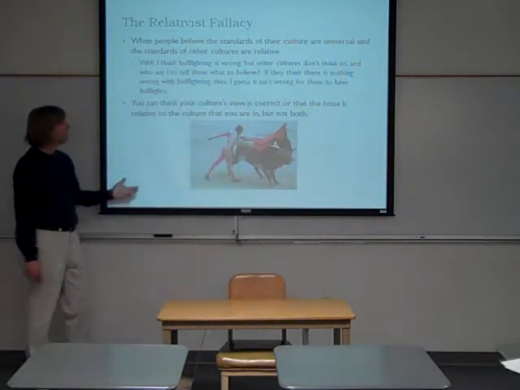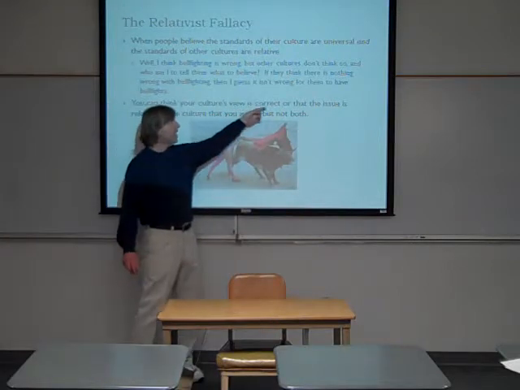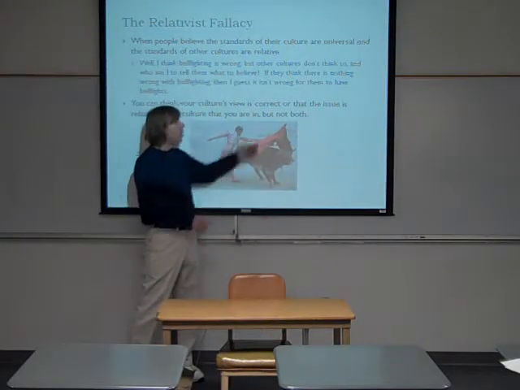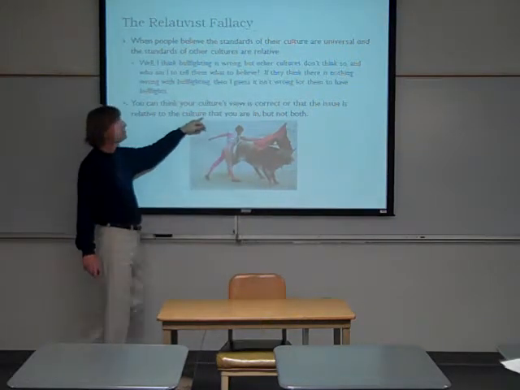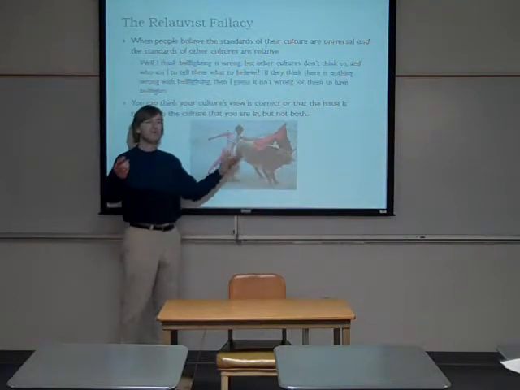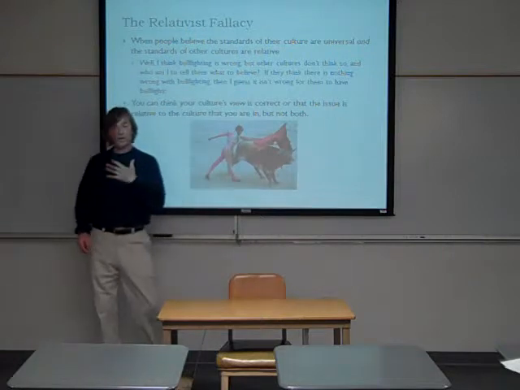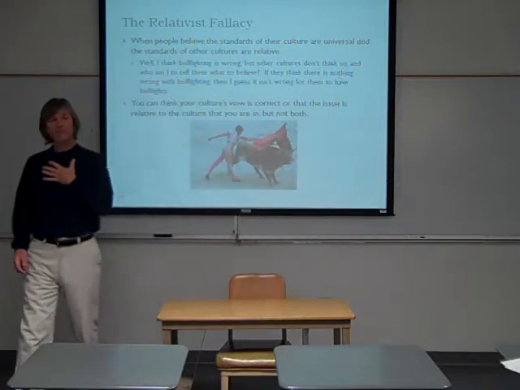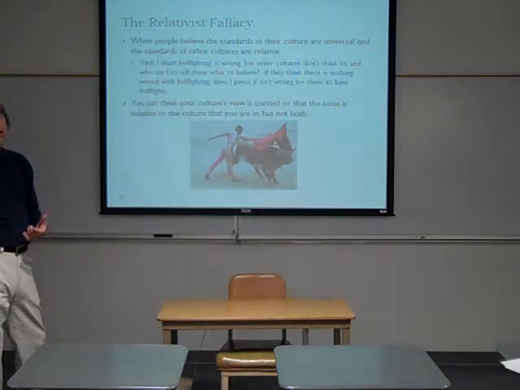Now, what the authors tell us is that you can think your culture's view is correct. Or you can think that the issue is relative to the culture that you're in. You can think either of those two things. What you can't do is think both of them at the same time. If you think your culture's values are universal, you can't then say that the values of that culture are going to be relative to the culture.